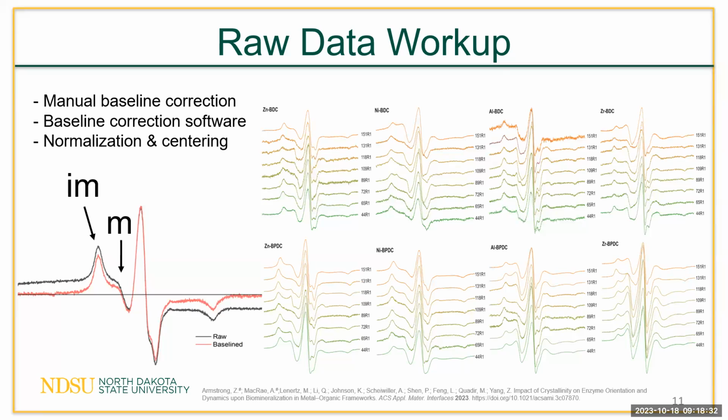From there, we would normalize the area under the peaks and center the center peak in our spectra before we would do spectral simulations. And you can see the raw data on the right here for the 8 MOFs that we chose.